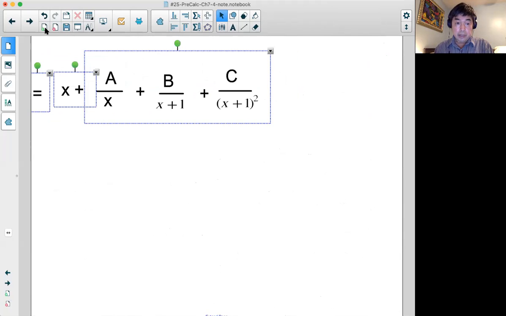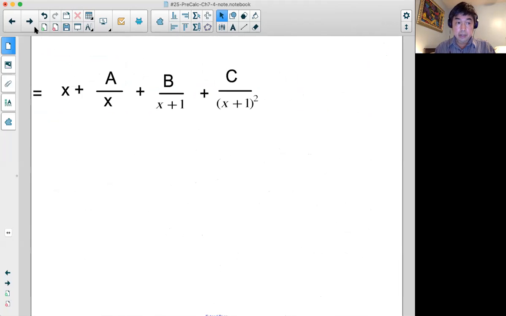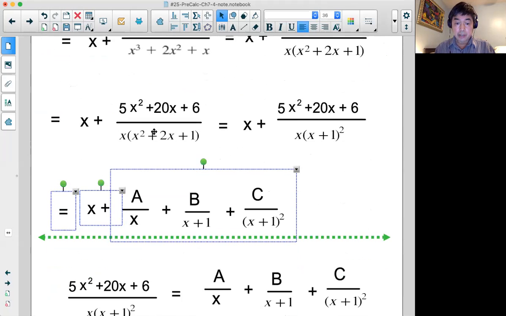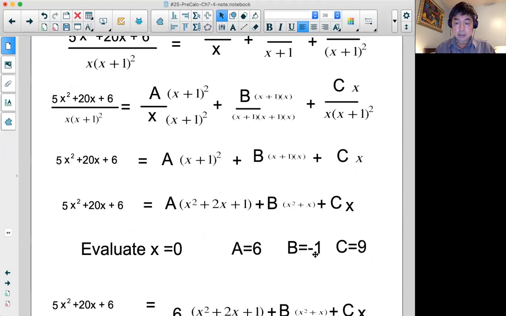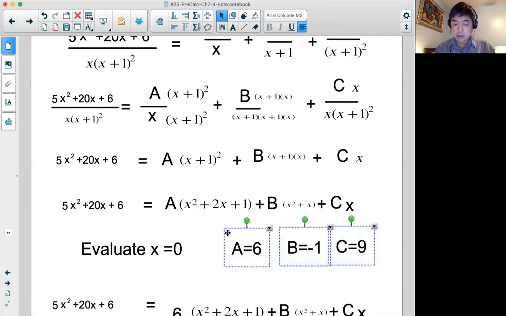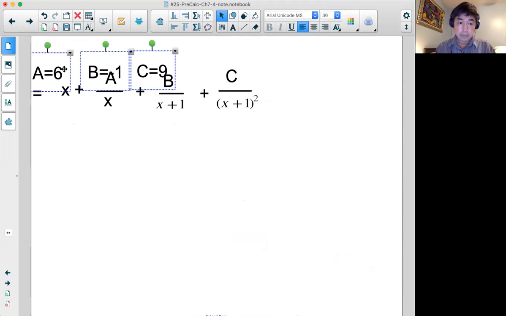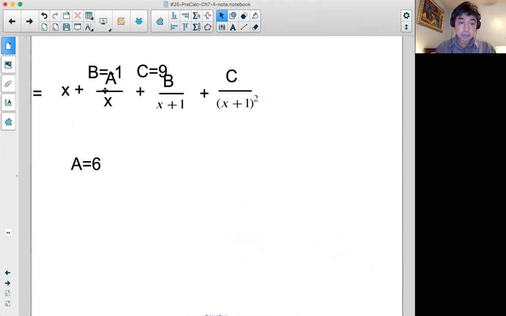I go to the next page. So this is the equation, and this is the ABC I solved. All you have to do is plug in. So I didn't forget the x here outside.